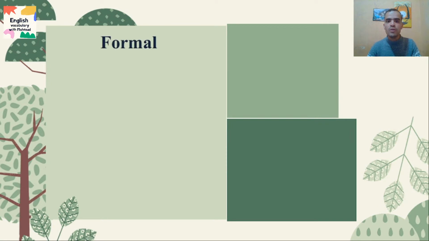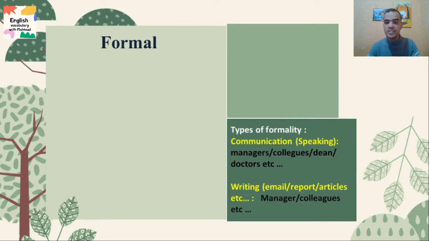We're still with formal, and we will see types of formality. We have two types: communication, which is speaking, and writing. In communication and speaking, the formal language used among managers, colleagues, deans, doctors is called formal language.